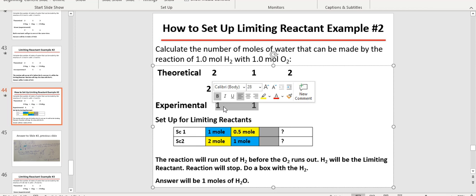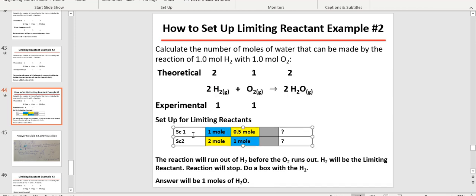All right, so scenario 1, I put this guy here. This is the experimental. This is actually what I gave you. And what this means is, if this is going to go to 0, because one of them is going to go to 0, which one is going to go to 0? So this is your experimental, and then there's scenario 2.